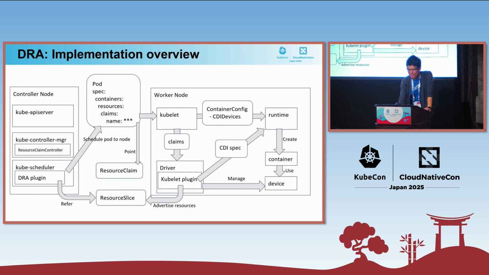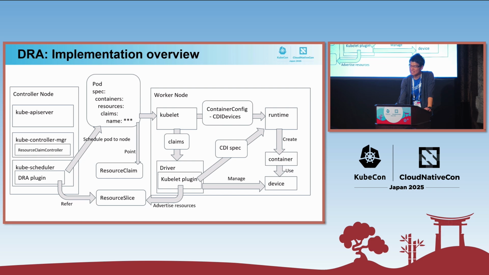Then I'm going to dive into the implementation of DRA a little. This picture shows an overview of the implementation. There is a driver at the bottom of the worker node. The driver is implemented for a specific device following the DRA framework. The driver publishes a list of allocatable resources as a resource slice object.